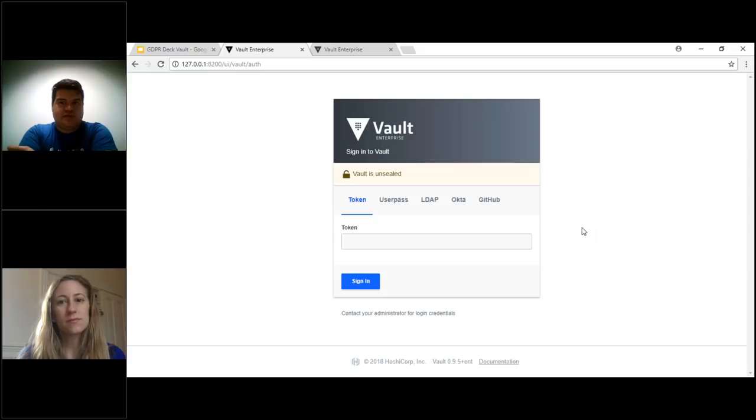So GDPR certainly learns lessons from Safe Harbor, but it is an independent EU-specific regulation. When we talk about why certain things are what they are within the GDPR, they're really a function of the legal environment as well as the regulatory environment within the European Union.